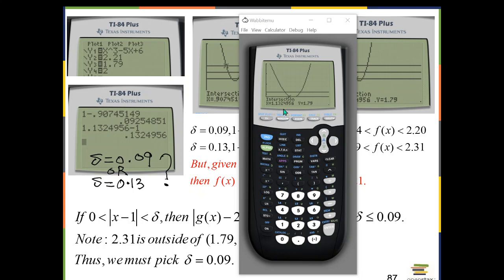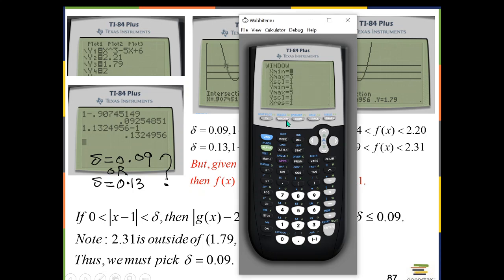So what I want now is my delta. Now notice if I go to the left, 1 is in the middle here. If I go to the left to 0.90745149, the difference is 0.09. If I go to the right, which is this x value, right?